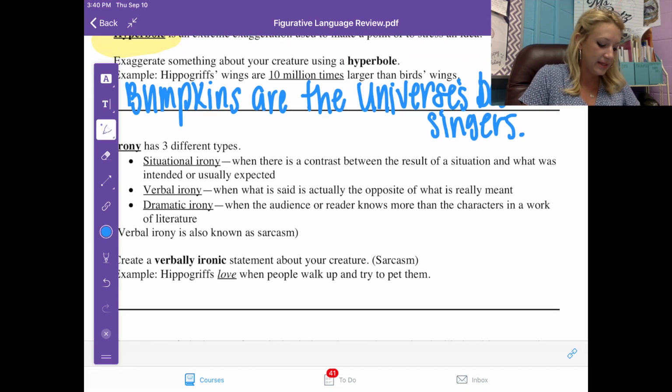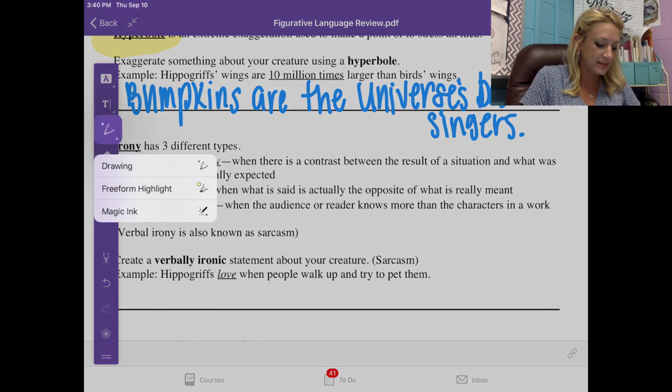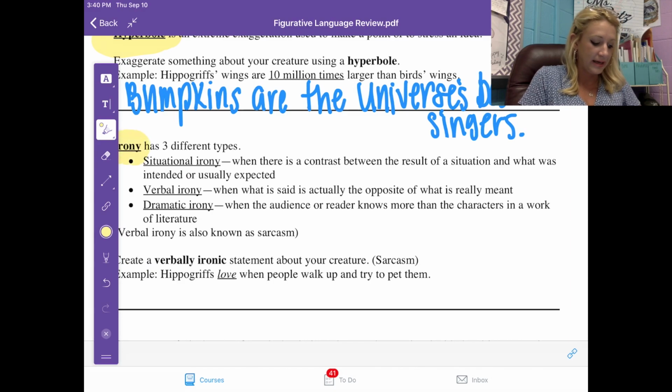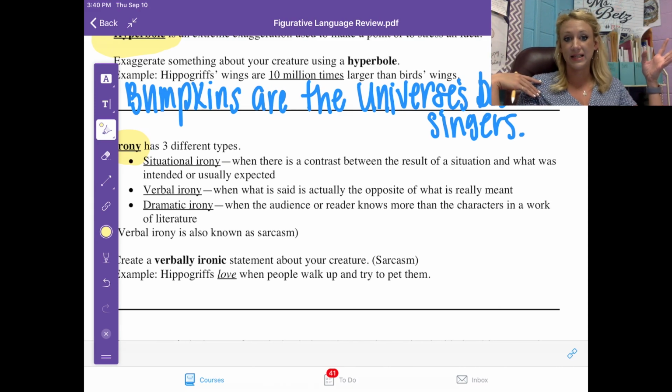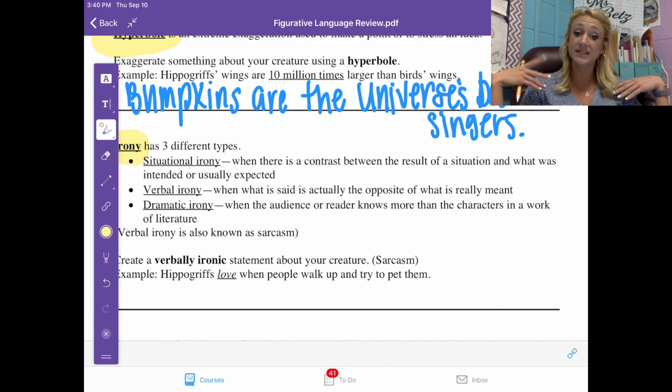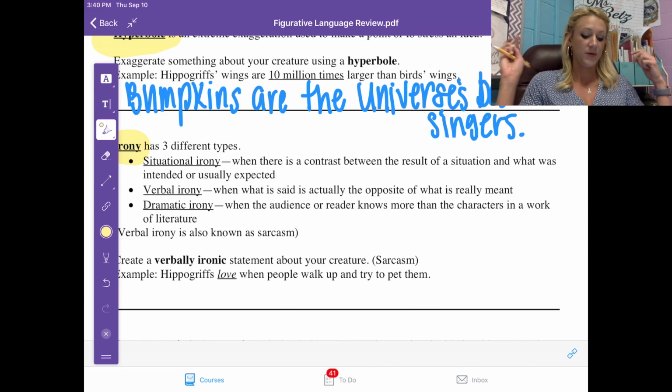Okay, next up is irony, and irony is the big category. Irony has 3 subcategories. There are different types of irony. So irony is when the opposite of what is expected happens. The first type is situational irony. Situational irony is when what you expect to happen in a situation is the opposite of what's actually happening.